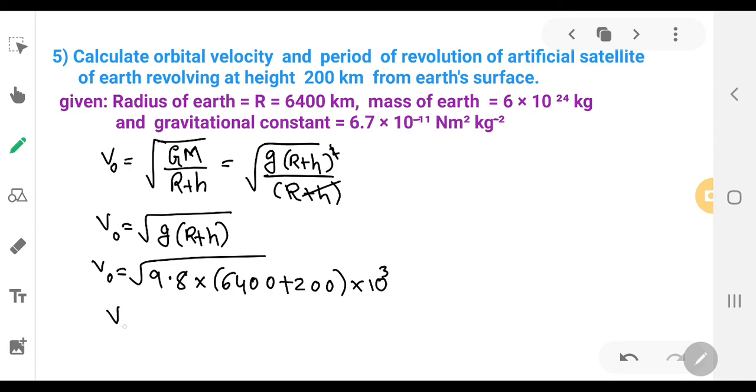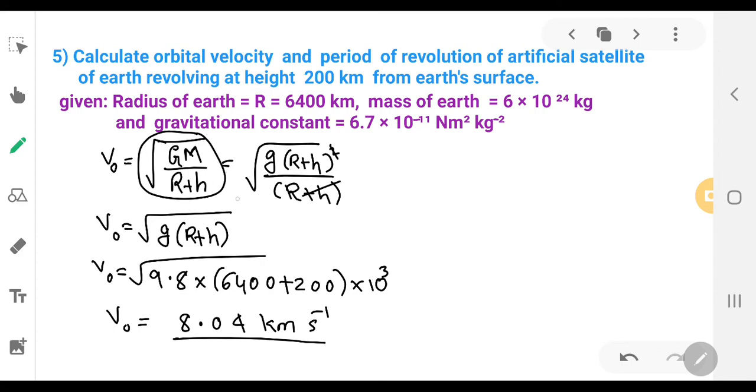So when you substitute, v naught is equal to 8.04 kilometer per second. So this is the orbital velocity. You can also use this formula, root of gm divided by r plus h. If you use that formula, you get the same answer.